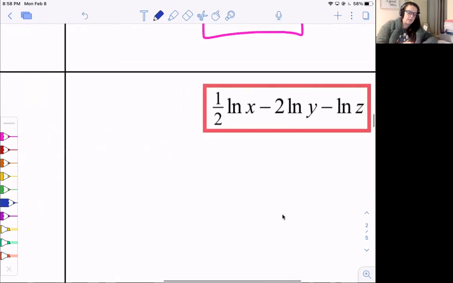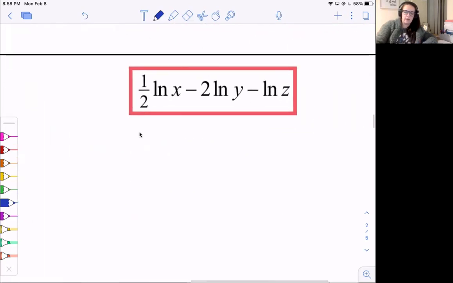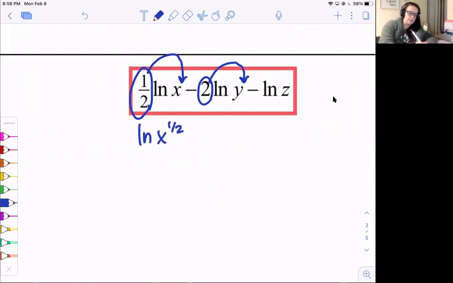And then finally, I have this one here. So I have 1/2 going up here, 2 going up there. So natural log x to the 1/2 minus natural log y squared minus natural log z.